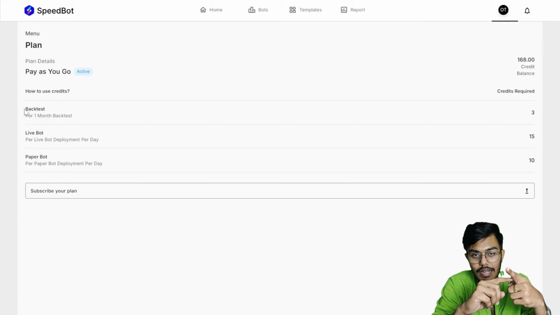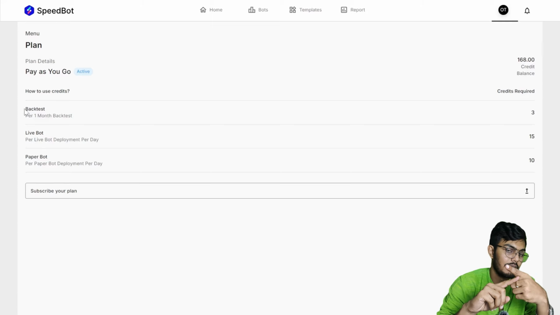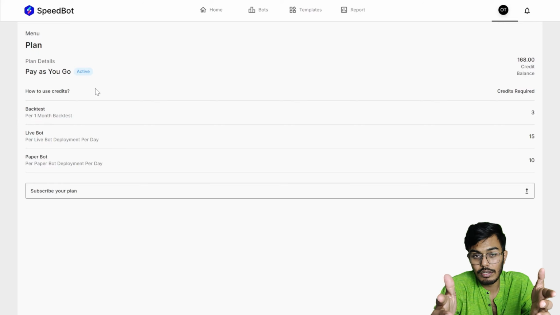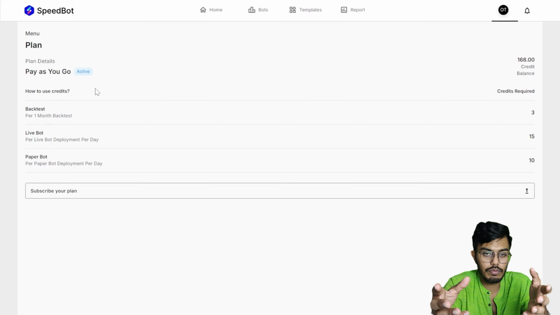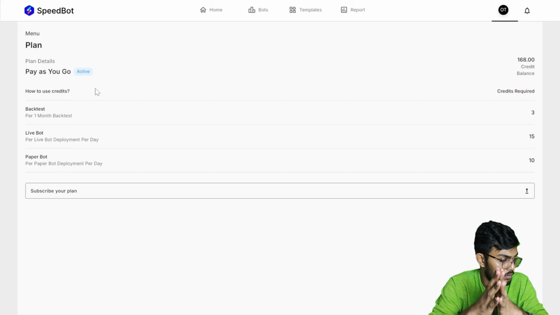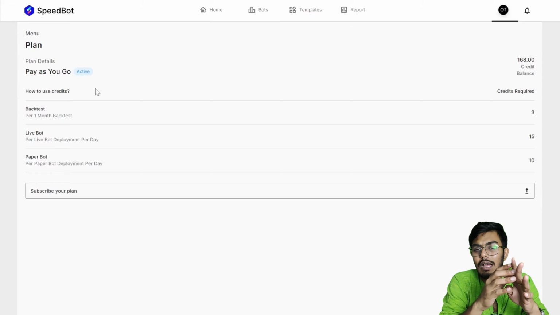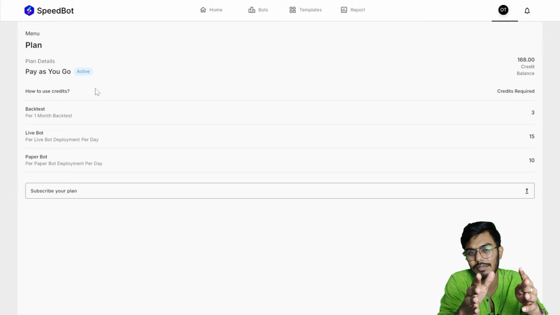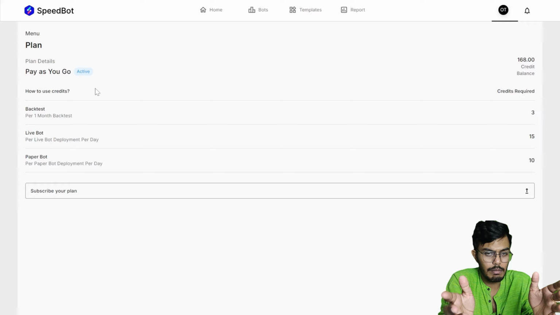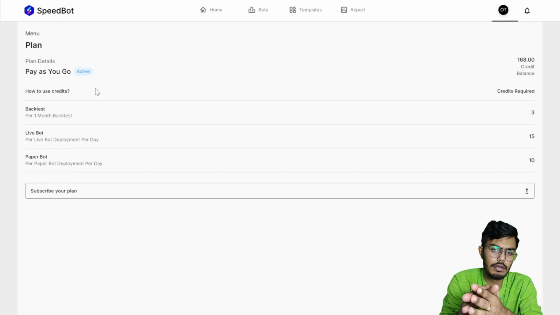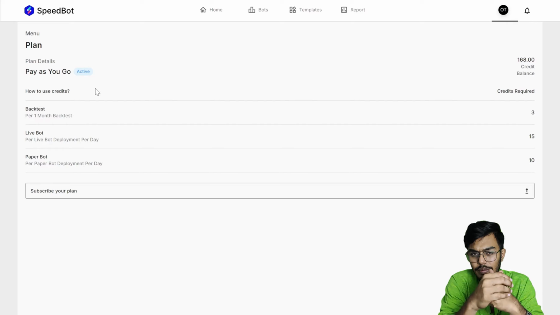For live, we have 15 rupees, that is 15 credits. Based on your needs, you can recharge your wallet anytime. Apart from that, if you have in mind a fixed number of things that you'd like to perform on a monthly basis on SpeedBot, then you can switch over to the monthly based or annual based subscription.